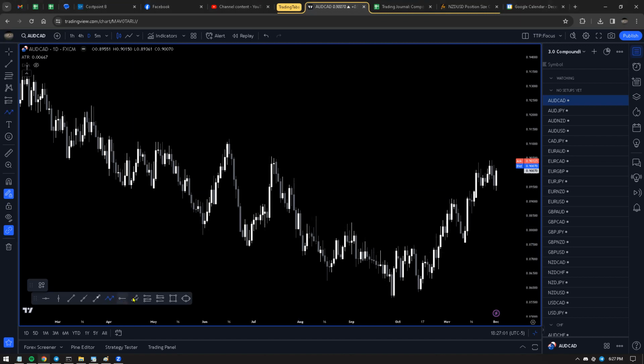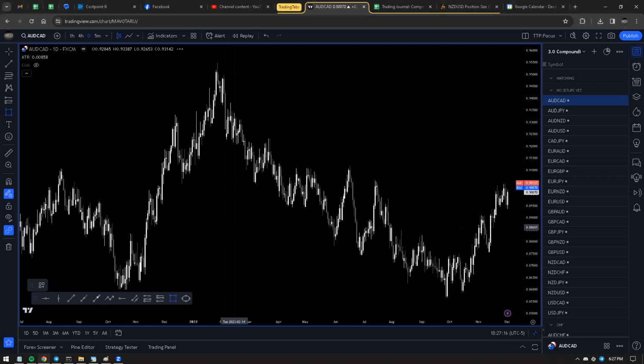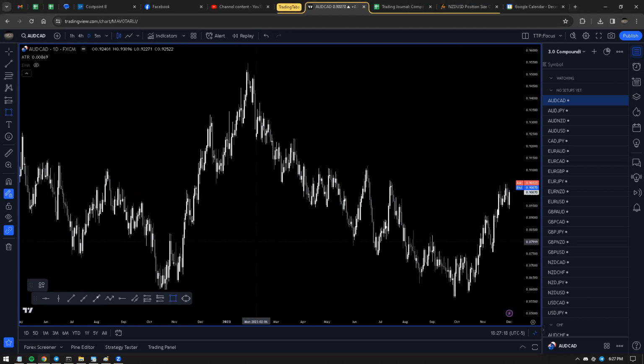Support and resistance. There are many different definitions for support and resistance, and everyone has their own idea of what that looks like. So you need to find what makes sense to you. For me, it's just places that are obvious where price failed to go higher than, for resistance, and failed to go lower than, for support.